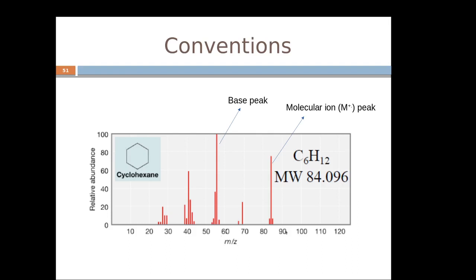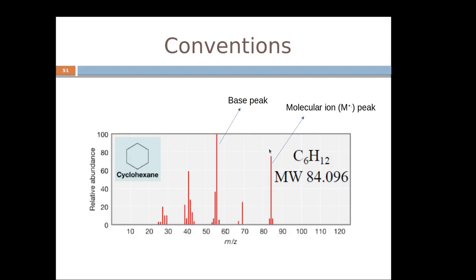For cyclohexane, the molecular weight of the molecule is 84.096, and exactly at the same value we get a peak. This peak is the molecular ion peak, where we have knocked out one electron from the cyclohexane to form the C6H12 dot plus radical cation of cyclohexane. So the molecular ion peak is nothing but the molecule minus one electron.